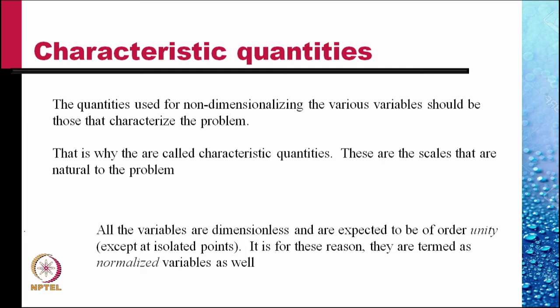All these variables, X star, Z star, U star, W star, P star, now are dimensionless and are expected to be order unity, except at isolated points. They are neither too big nor too small. And it is for this reason that they are also termed normalized variables. We will use this fact later on in this course.